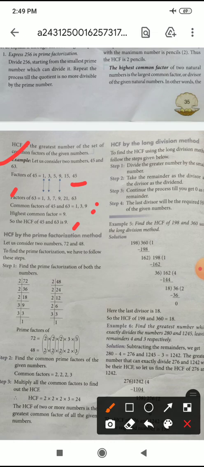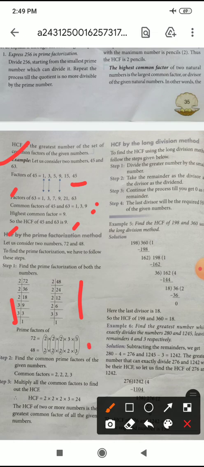Then HCF by the prime factorization method. Let us consider two numbers, that is 72 and 48. To find the HCF, we have to follow these steps. Step 1. Find the prime factorization of both the numbers. So first we find out all the factors of given numbers. Then prime factors. We find out which are prime. Then second step is find the common prime factors of the given numbers.